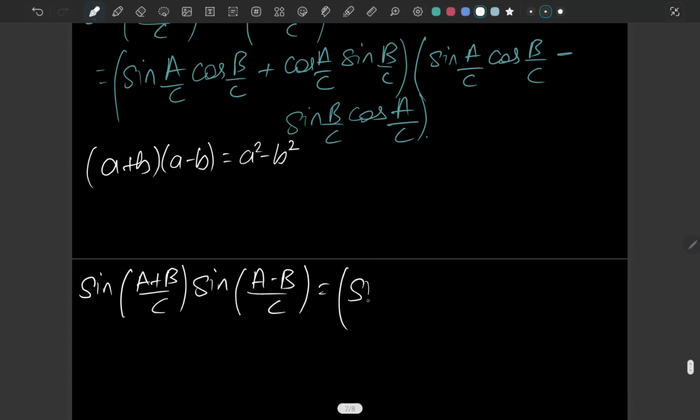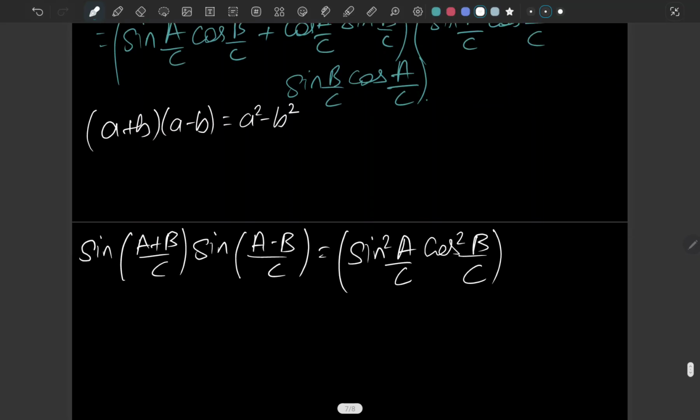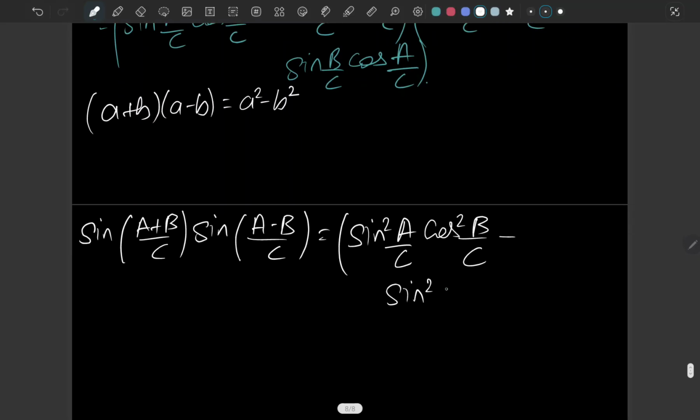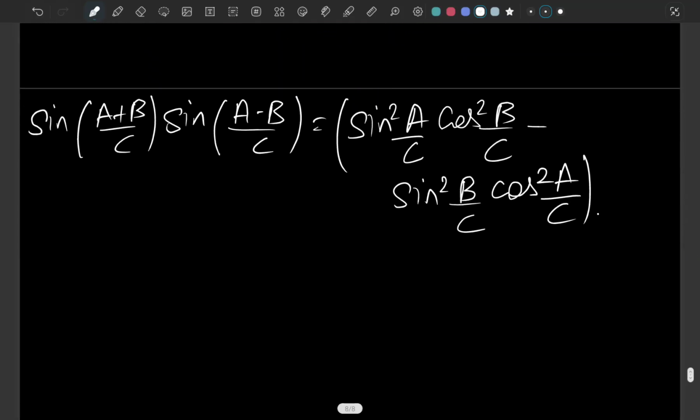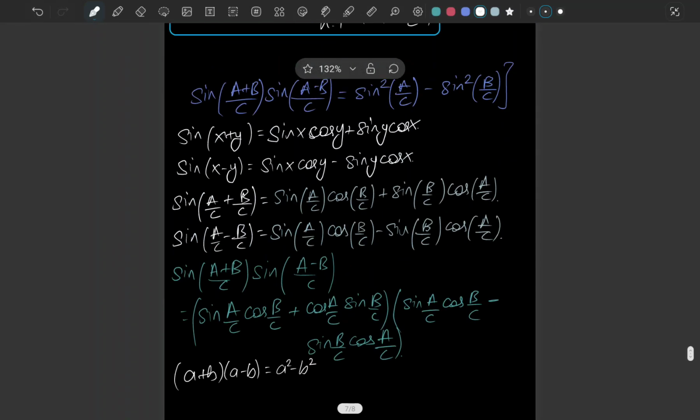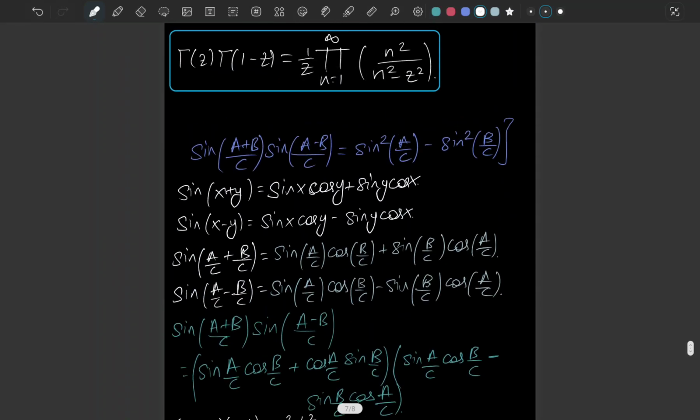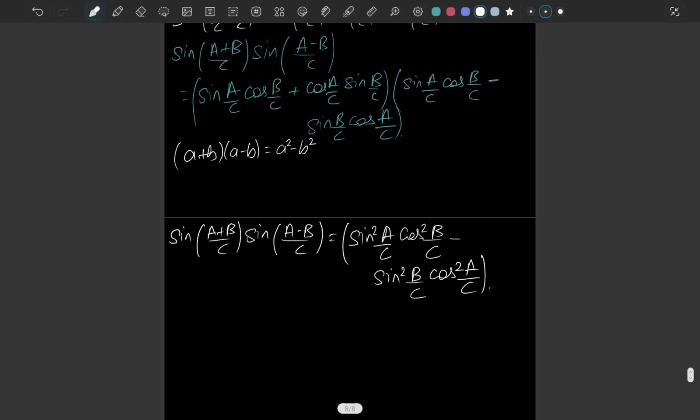So it's sine squared a over c cosine squared b over c, and then minus sine squared b over c cosine squared a over c. And then we were having sine squared a over c minus sine squared b over c.